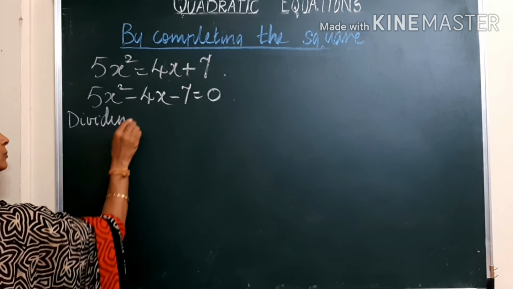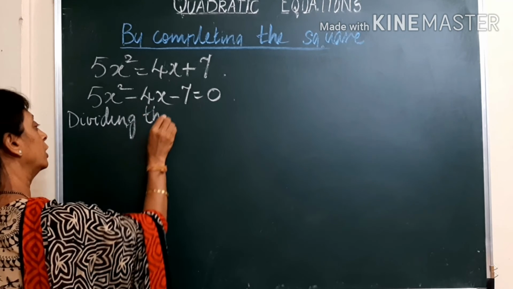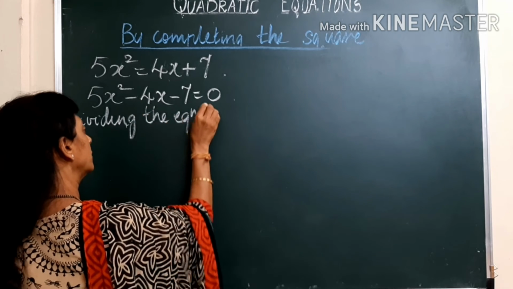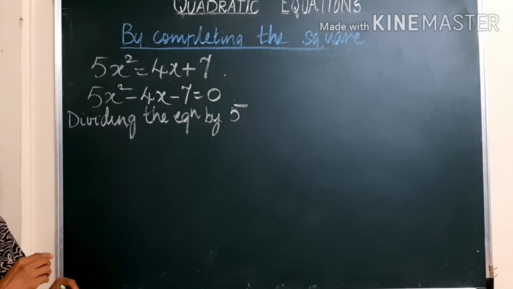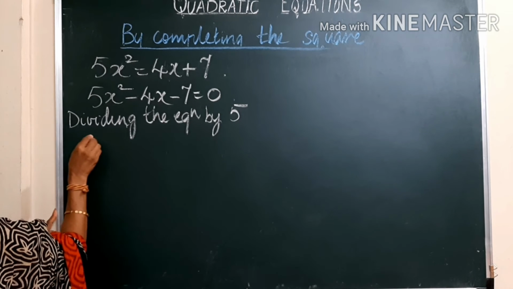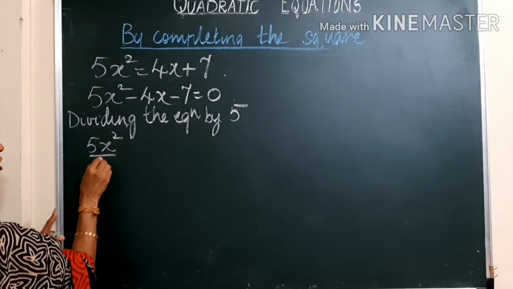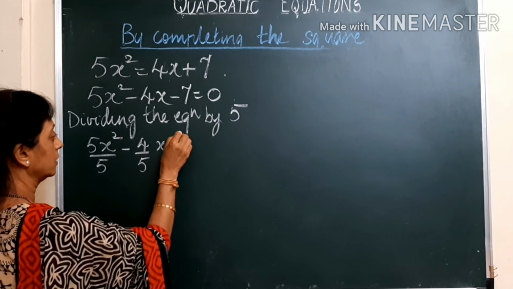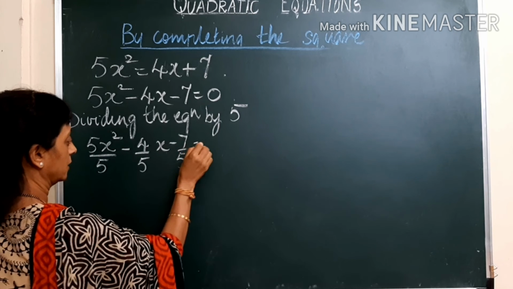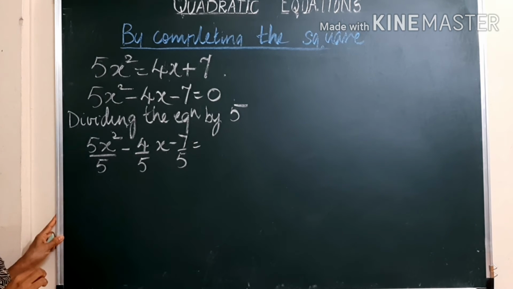Now dividing the equation by the coefficient of the square term. In this problem it is 5. So how do we do it, children? Each term divided by 5. Are you done with it? Definitely not.